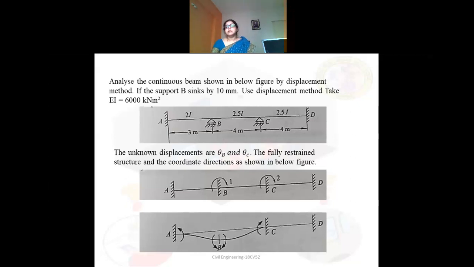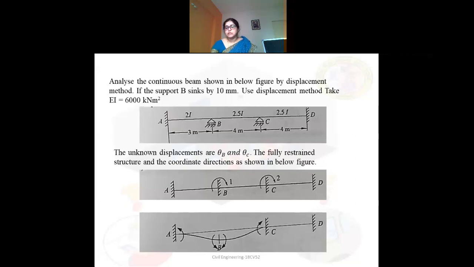After finding the degrees of freedom and naming the coordinates, next we are going to restrain the structure. You can see that supports B and C are now fully restrained. In the problem it is mentioned that support B sinks by 10 mm.